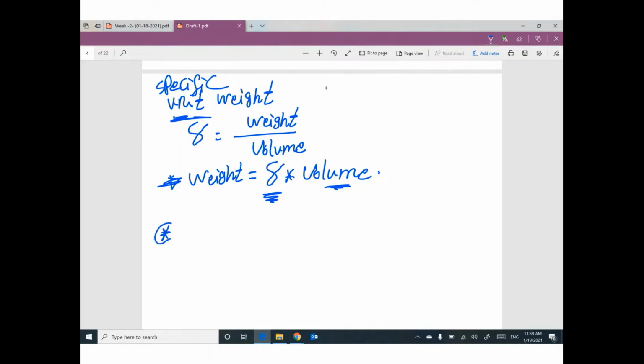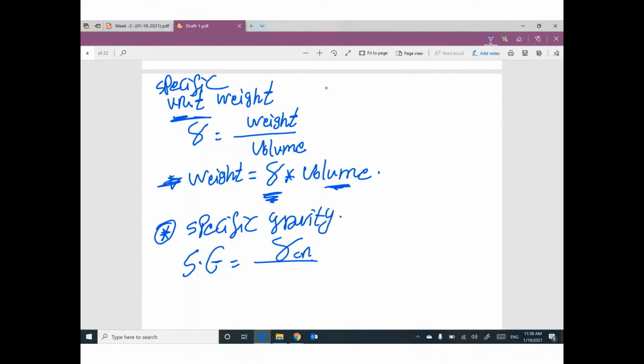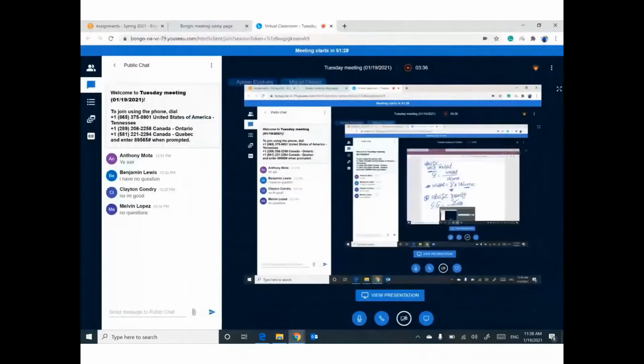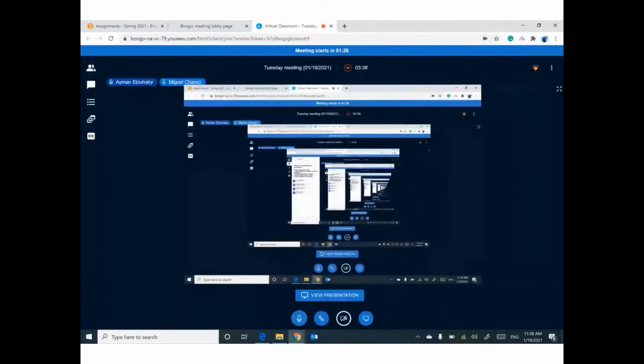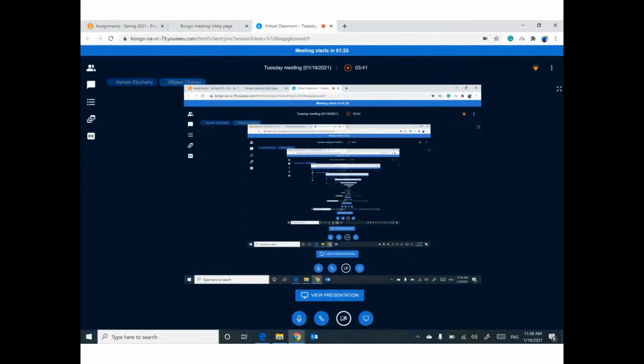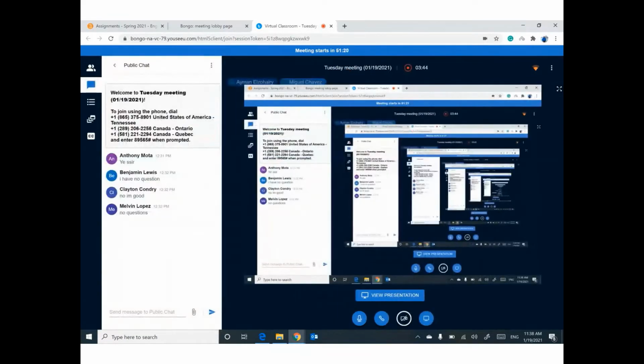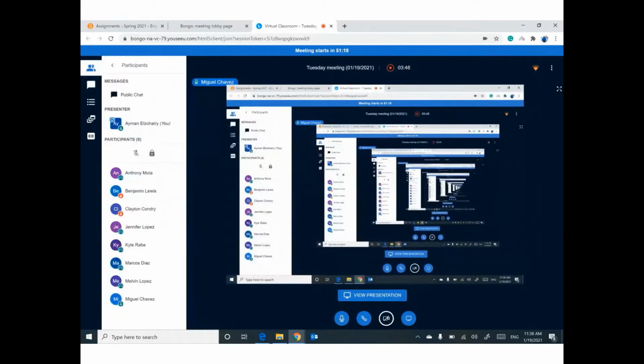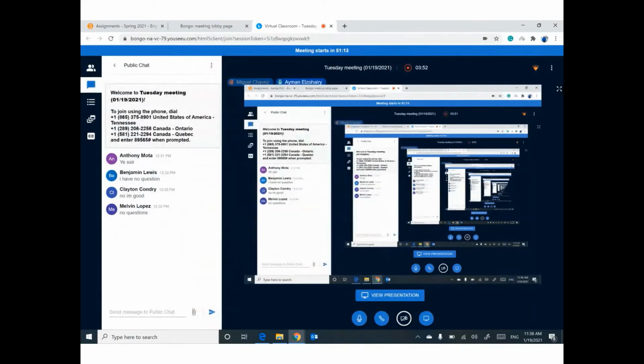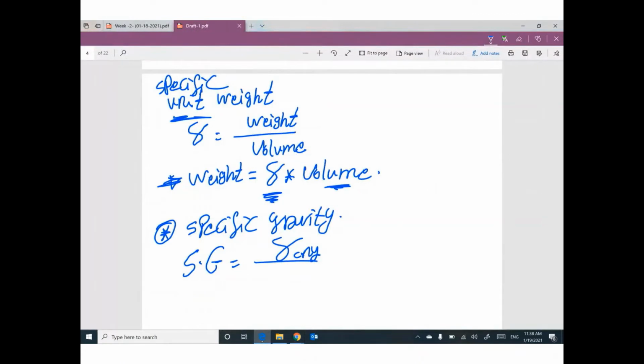And also, we learned last time something about specific gravity. SG equals gamma of any material divided by gamma of water.